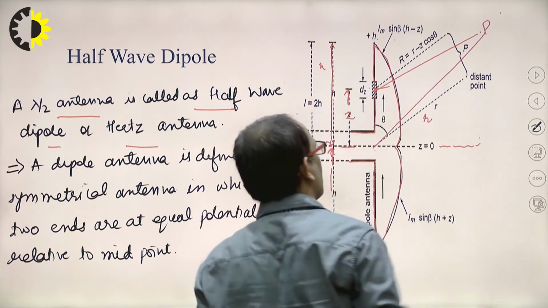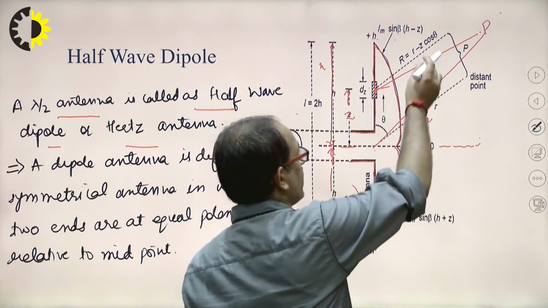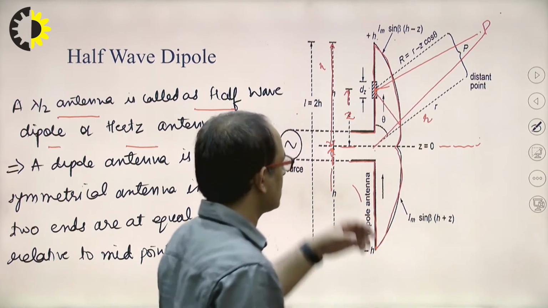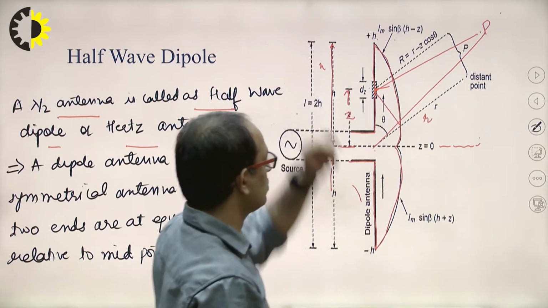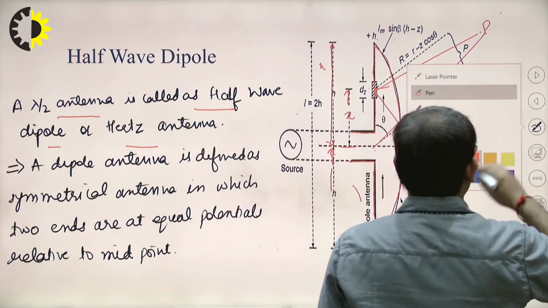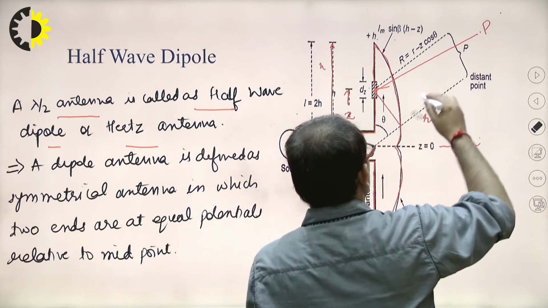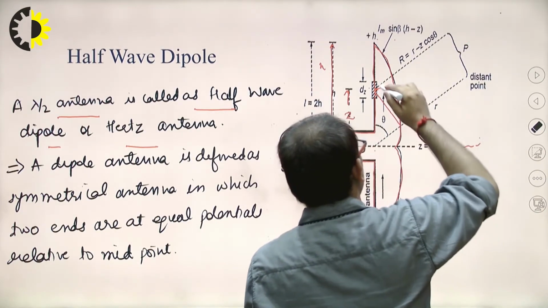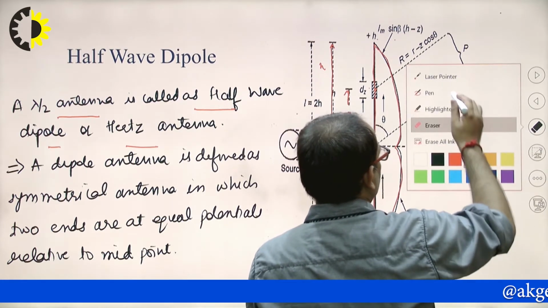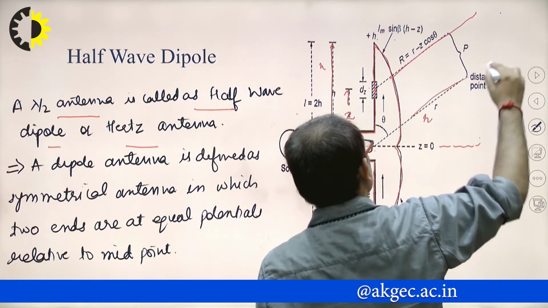That is capital R equal to r minus z cos theta. Why is this r minus z cos theta? Because there will be some path difference, and that will be equal to z cos theta. Clear? So that's why it is r minus z cos theta. Now, for a large distance, we treat these paths as parallel.